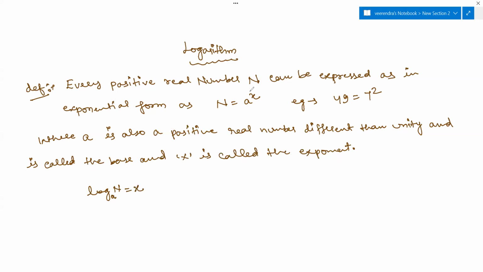Hence, if we see these two relations, capital N equals a to the power x and x equals log N to the base a, where N is positive, N is greater than 0, a is also positive, and a is not equal to 1. These are the three conditions that we have to check.